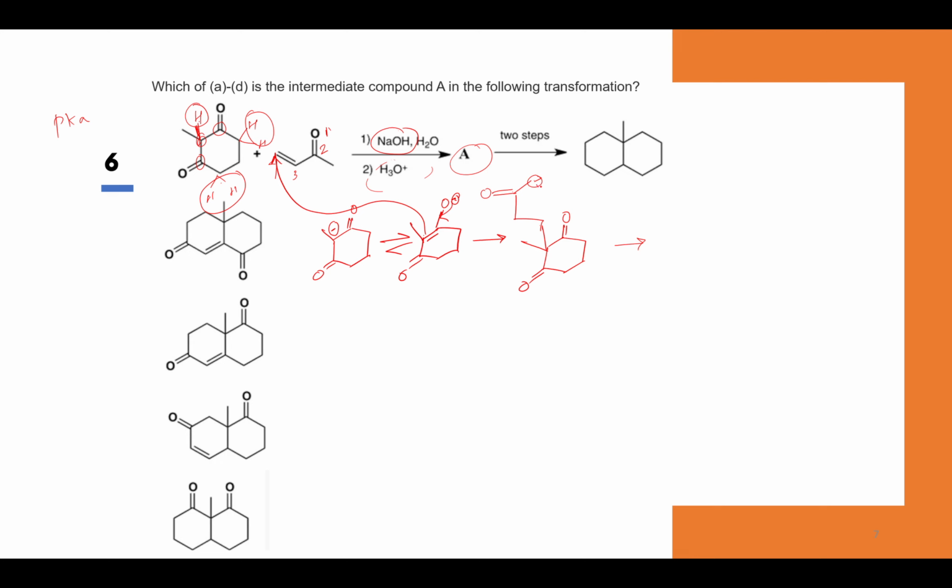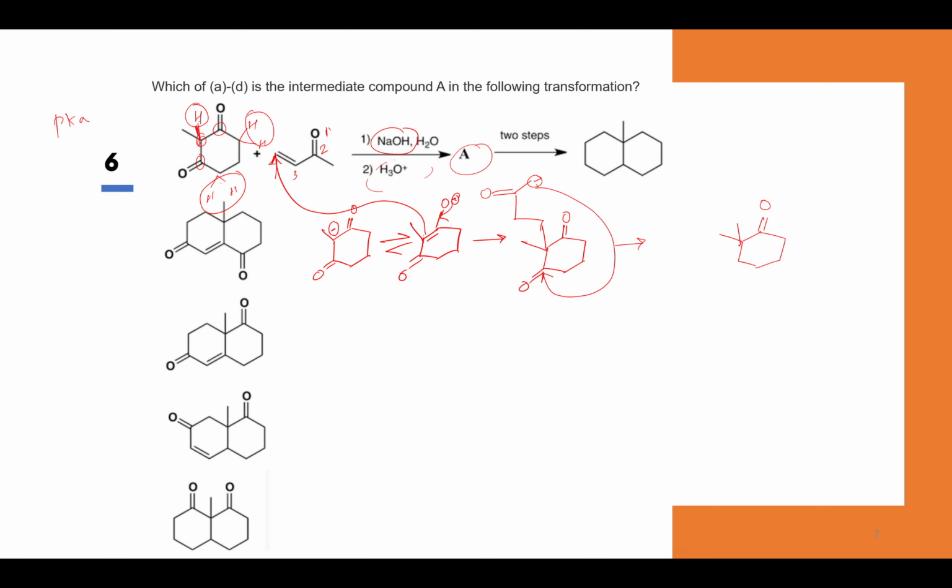Both will give us a common product because both are symmetrical. So it will attack here, and it will give you this. This ring will remain as it is, and one new ring formation will take place.